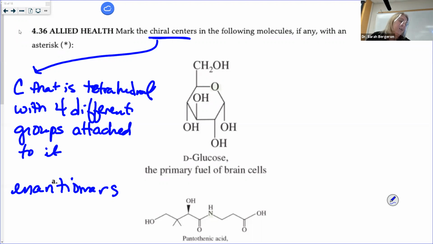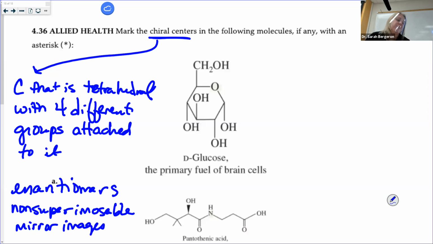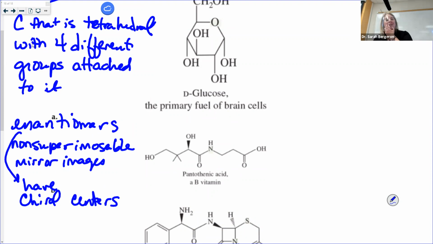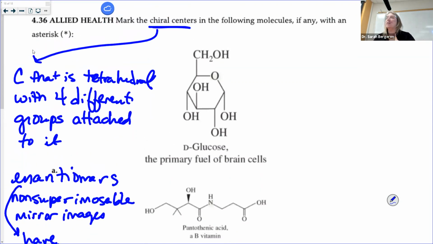And so enantiomers have chiral centers. So if you want to know if a molecule is going to be able to have an enantiomer or not, you need to look for chiral centers.